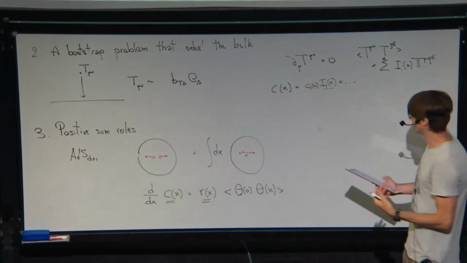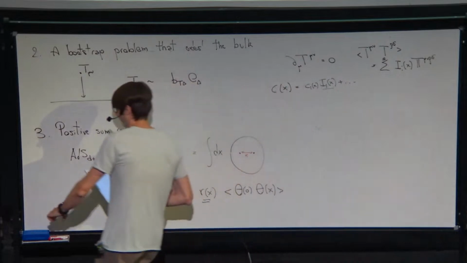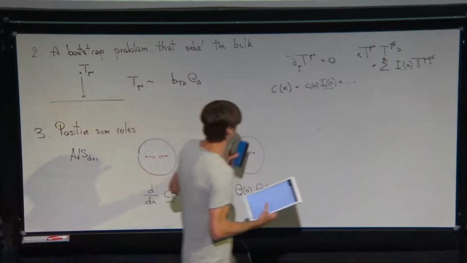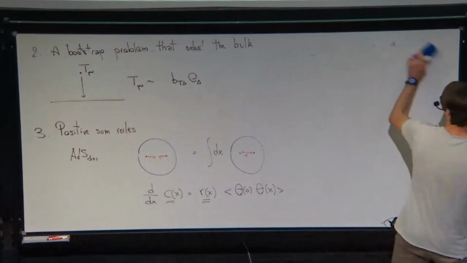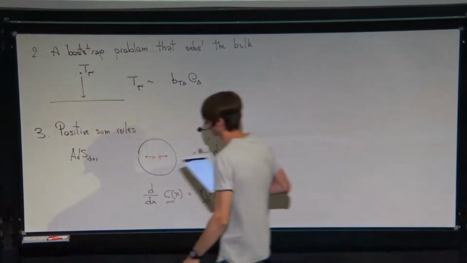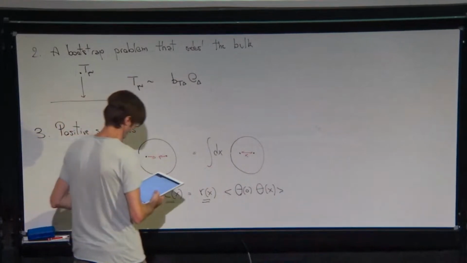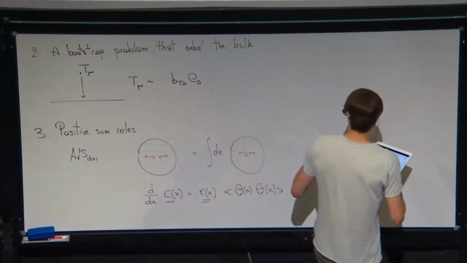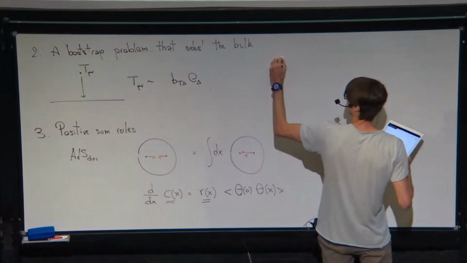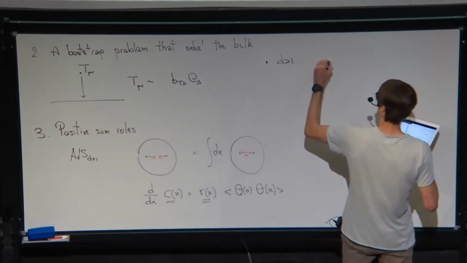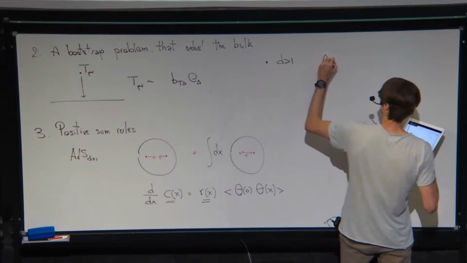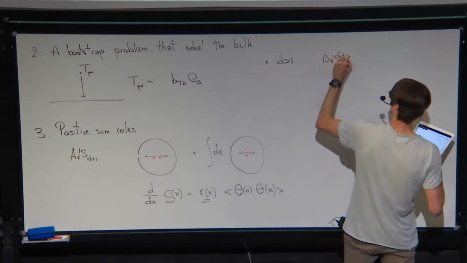I was going to give a direct example because in AdS_{d+1} we have only one sum rule. Instead of following this strategy, I can just give you the sum rule. For d greater than 1, we only have the following sum rule, which gives this.